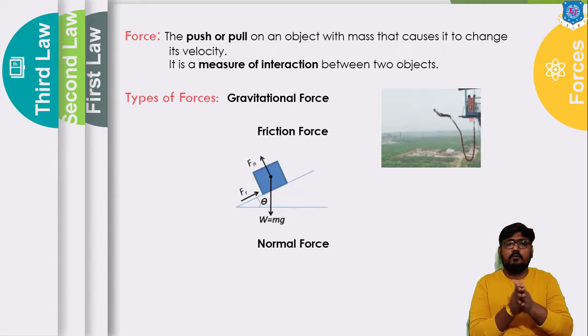If you rub your two hands, heat will be produced because of the friction. In relation to friction, there is always a normal force that is perpendicular to the surface, and it is also known as the reaction force.